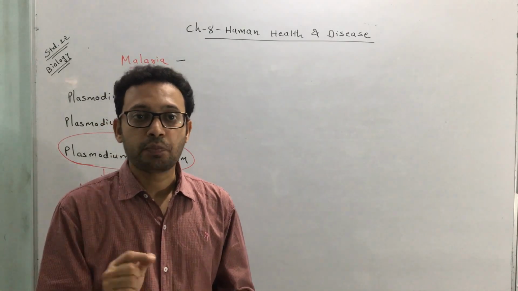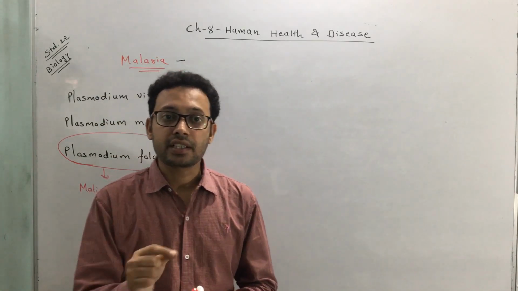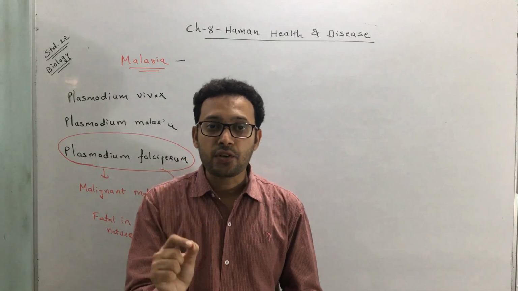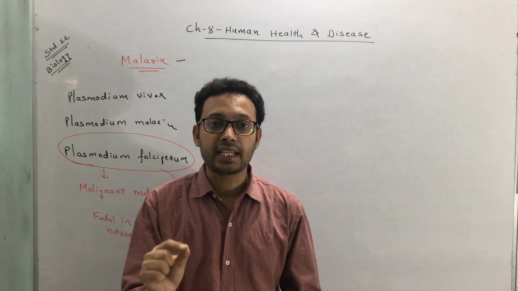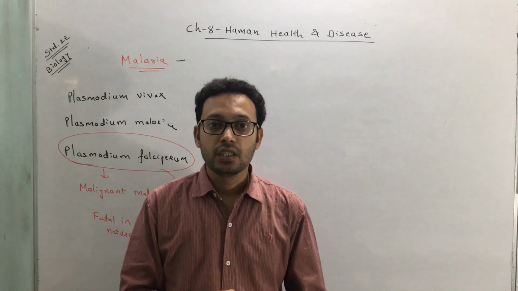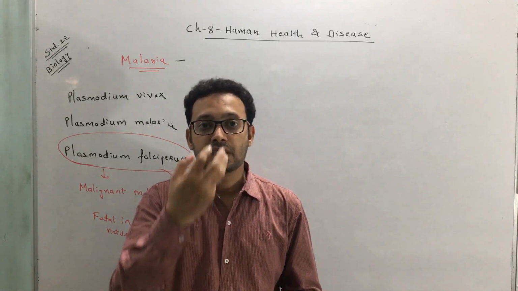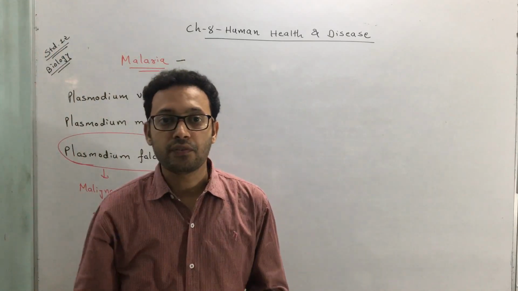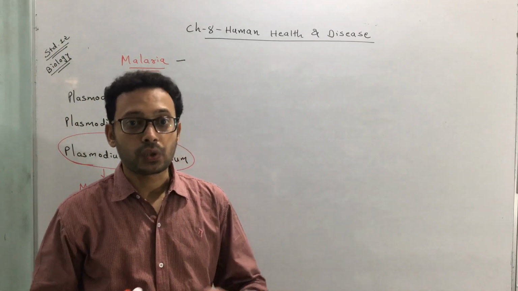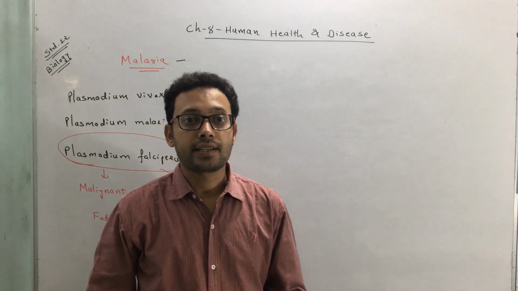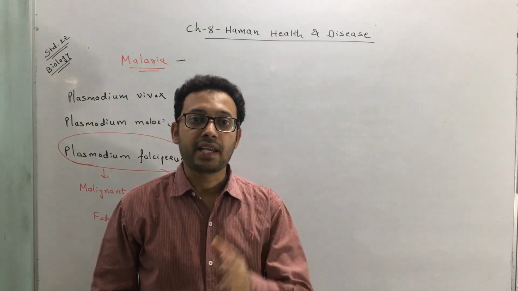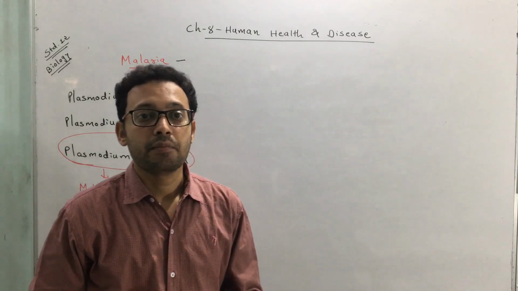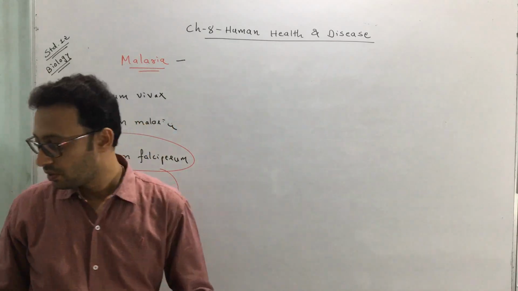More specifically, the carrier is the female Anopheles mosquito. These parasites are present in its saliva and are transmitted from one person to another. Let's see how it is transmitted by understanding the life cycle of this parasite.